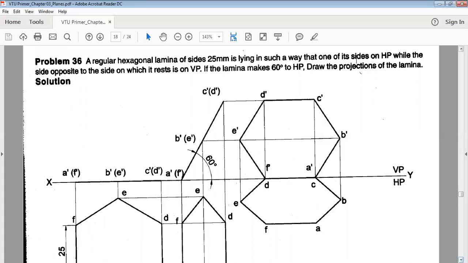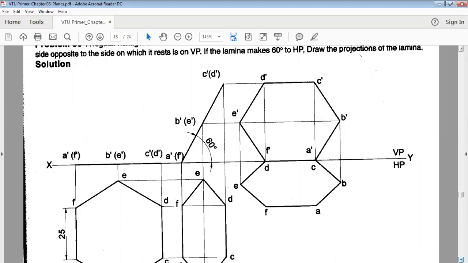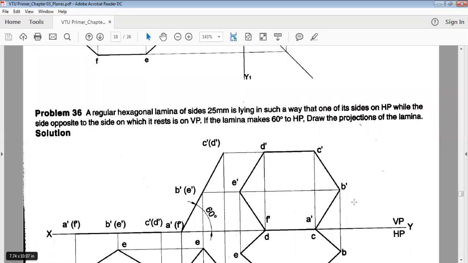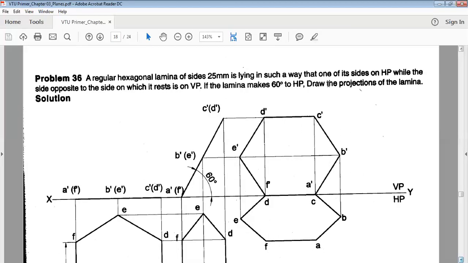It's quite interesting. A regular hexagonal lamina is given of size 25 mm. It is placed on one of its sides on HP, while the side opposite to that side on which it rests is on VP. And the lamina is at 60° to HP. Draw the projections of the lamina.